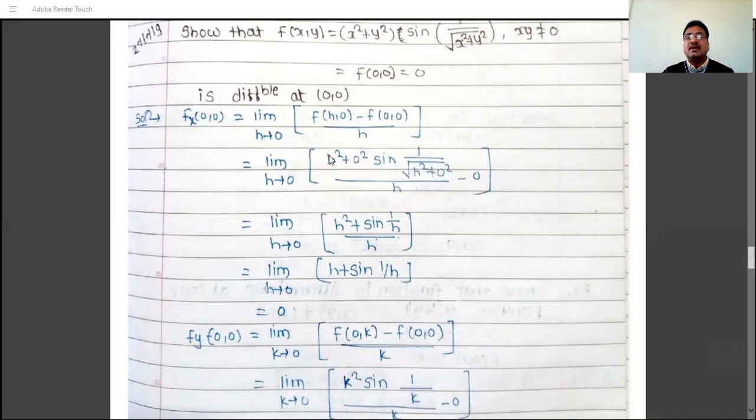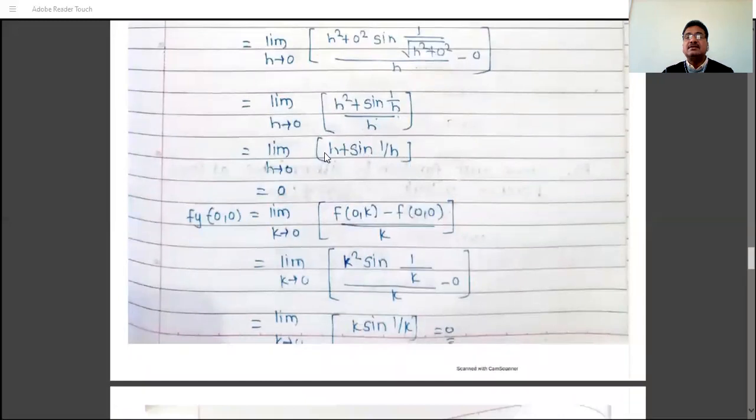This becomes h square times sine of 1 by h, divided by h. So h gets cancelled, and we get h times sine of 1 by h. The limit as h tends to 0 is 0, because the limit of h is 0, and therefore 0 times this bounded quantity is 0.